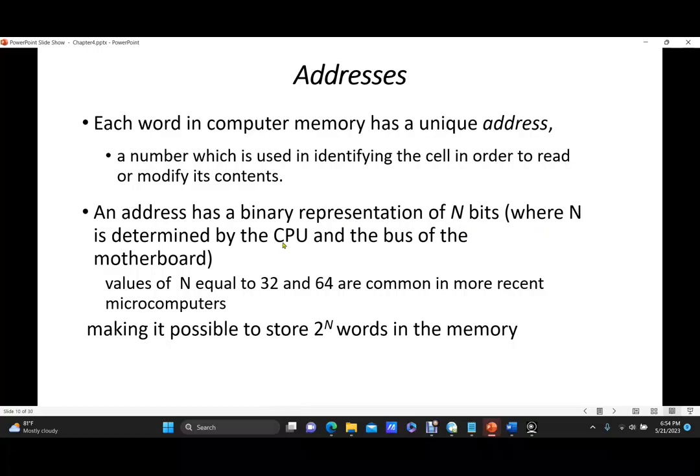N is determined by the CPU and the address bus of the motherboard. Common values for this number n are 32 and 64 in the more recent microcomputers. And that makes it possible to store 2 to the 32 or 2 to the 64 words in memory.